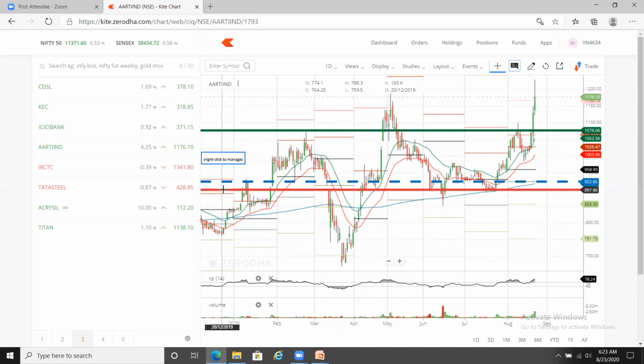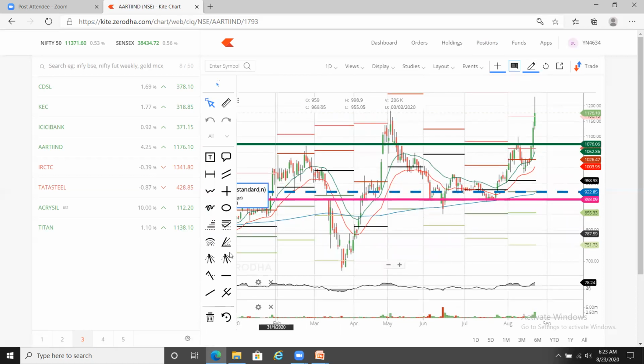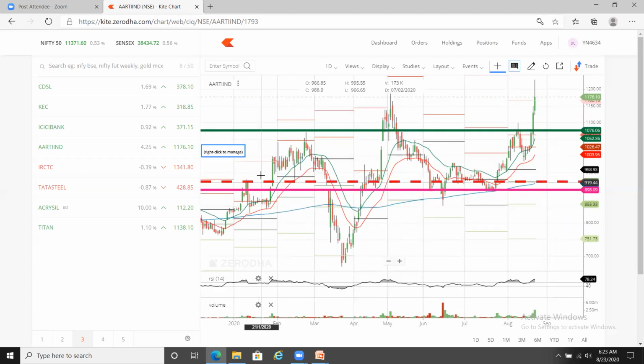Then if you again go back, you can see on 7th of Jan and 28th of Jan, it tried to cross that level, 900, 905 level.